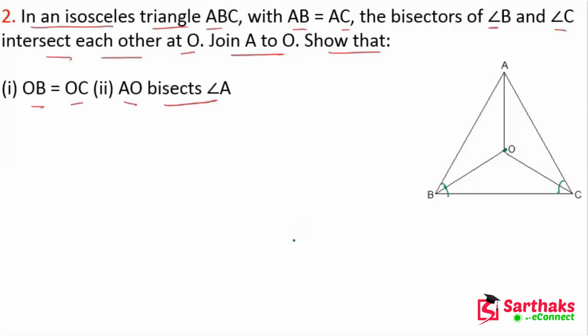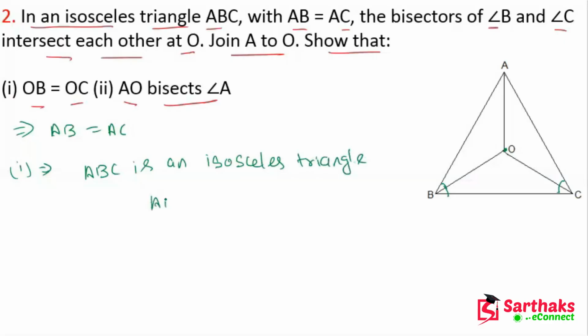Now, my dear friends, we know that AB is equal to AC, and the bisectors of angle B and angle C intersect each other at point O. In the first question, ABC is an isosceles triangle.